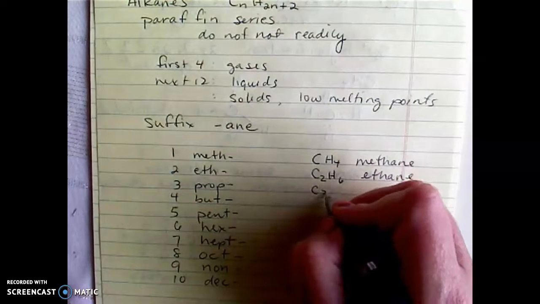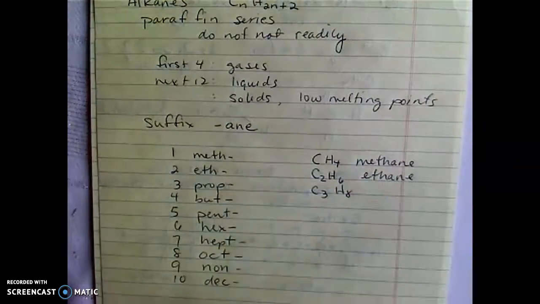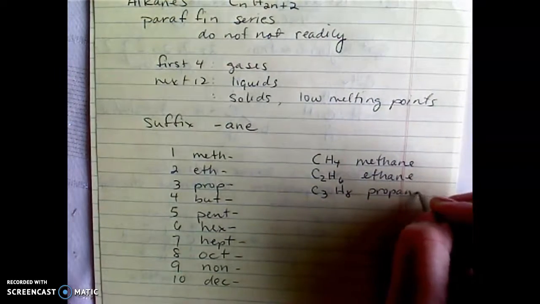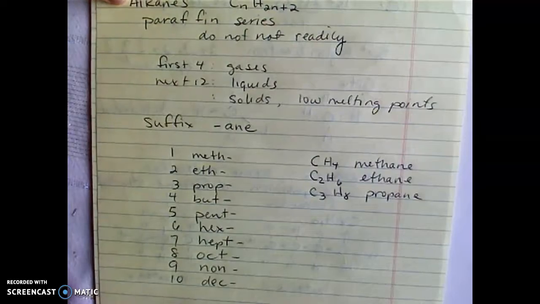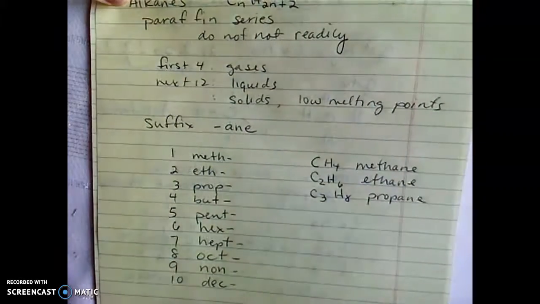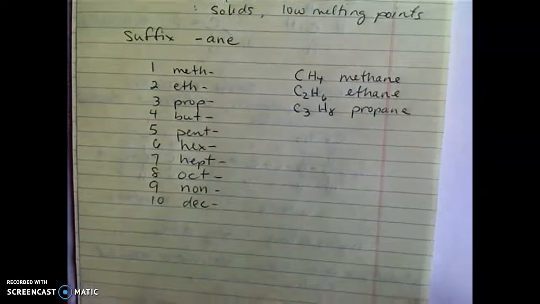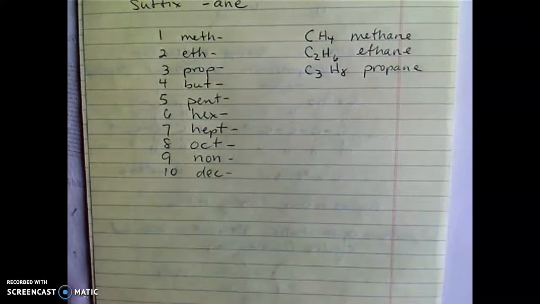If you have C3, again, 3 times 2 is 6, plus 2 is 8, so C3H8, you have propane, etc. Okay, so it keeps on going. You're not going to need anything above 10 because of the actual naming system, which we will get to in the next recording.